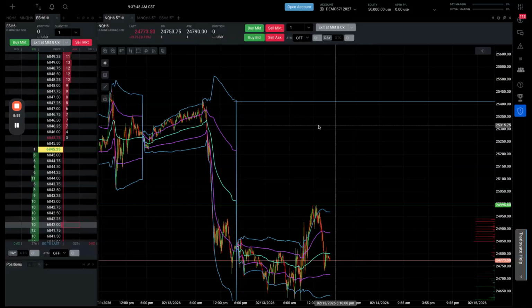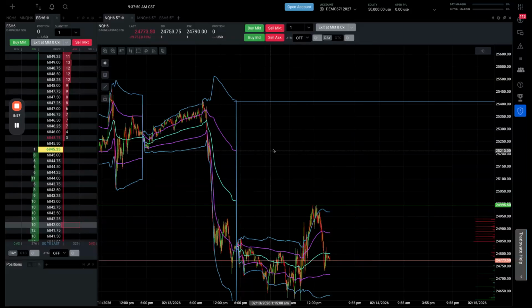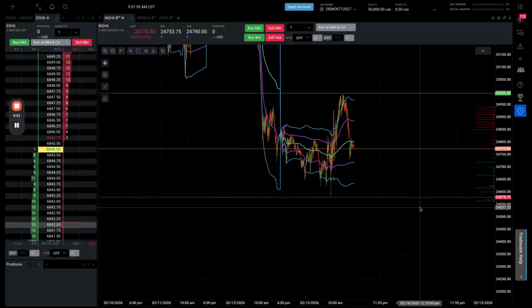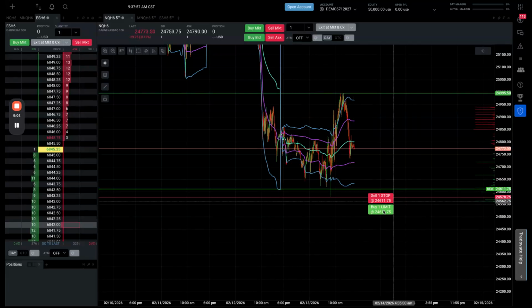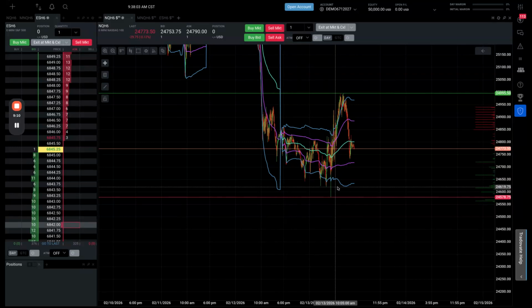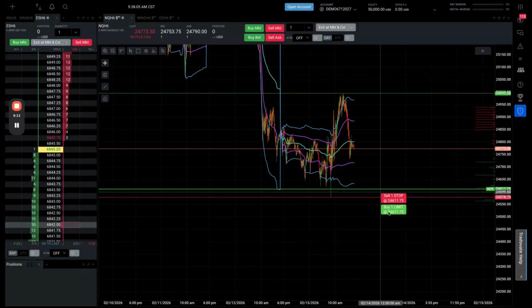You know how they always say sell high, buy low. So the buy low would be down here. If we get down here, then you want to do a green line first. You're at the bottom of this previous day VWAP, so you do a green line first because you're buying low at the bottom of this range.